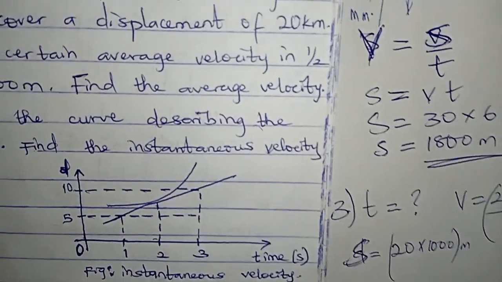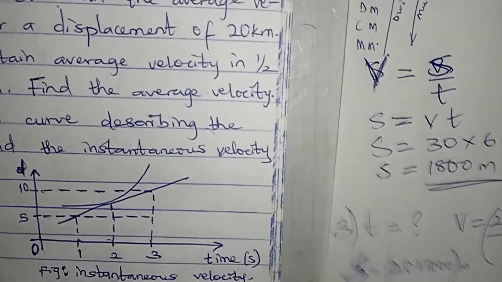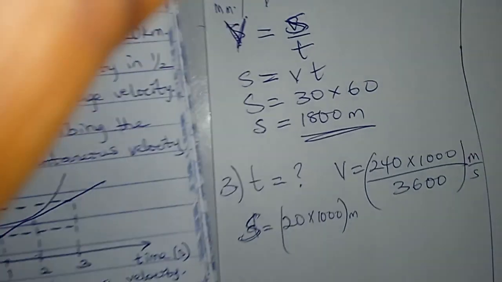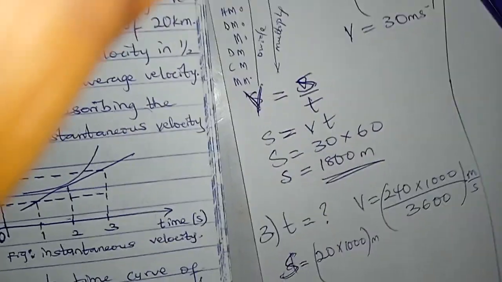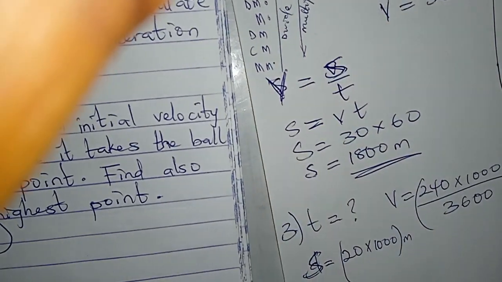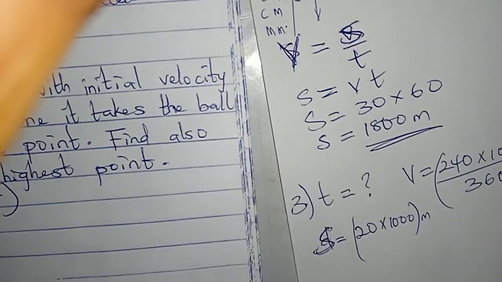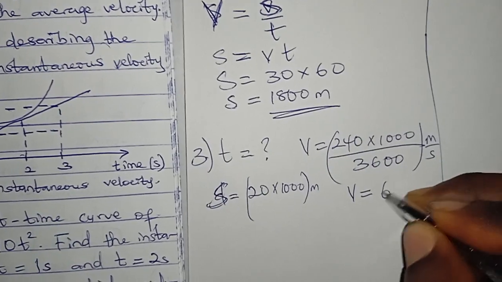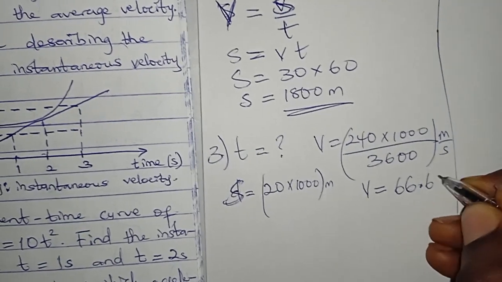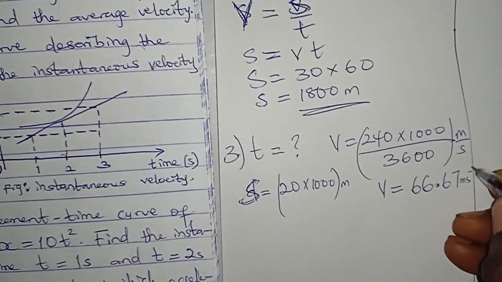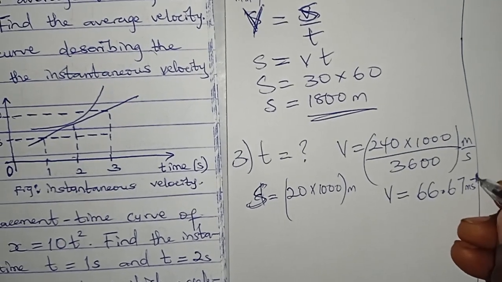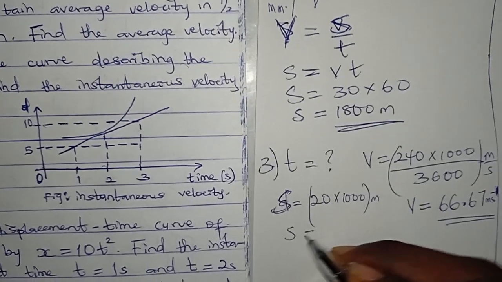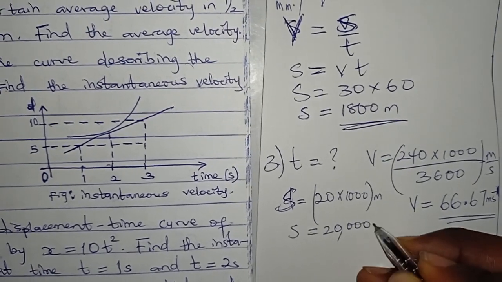If I want, I can do this in hours since the two are in kilometers, but let's just do it this way. So V will be equal to 66.67 meters per second. Then S equals 20,000 meters.